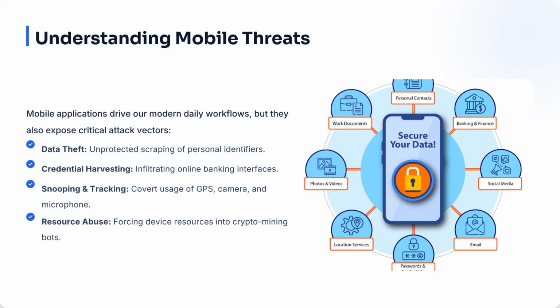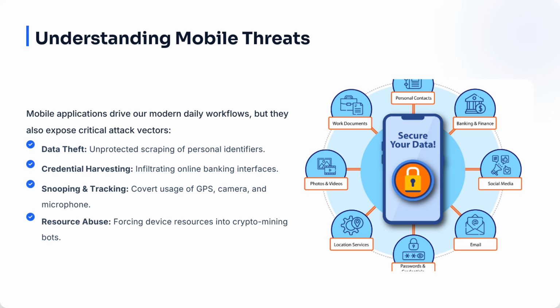So, what are we actually up against? When we download an unsecured or malicious app, we open our device to four major attack vectors. First is data theft. This is the unauthorized scraping of your usernames, passwords, and personal identifiers. Second is credential harvesting. This is highly dangerous. Attackers create fake interfaces to intercept your online banking logins.